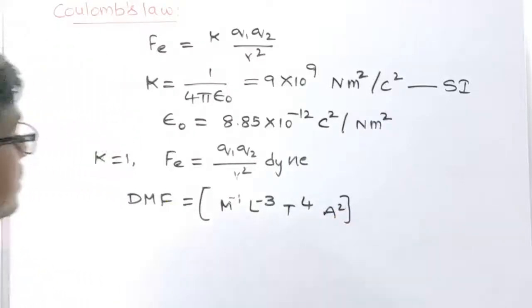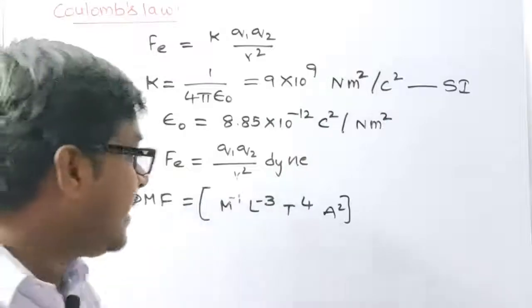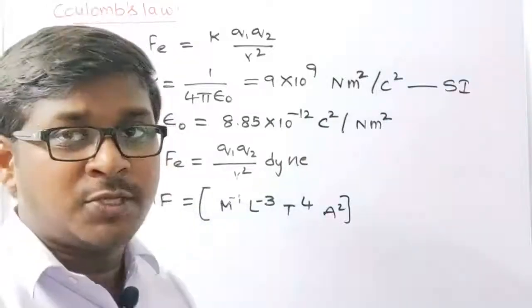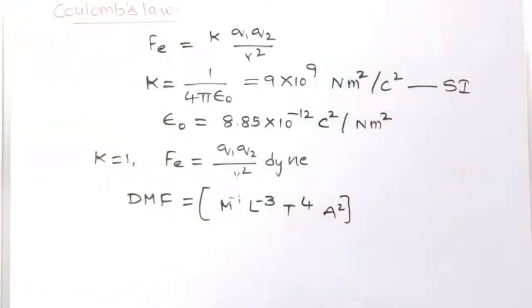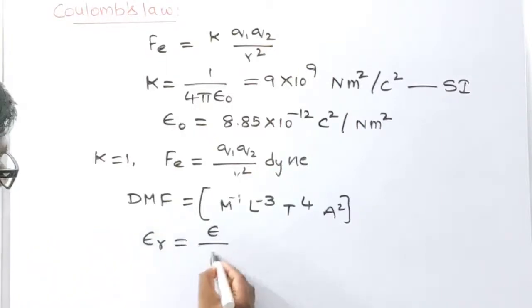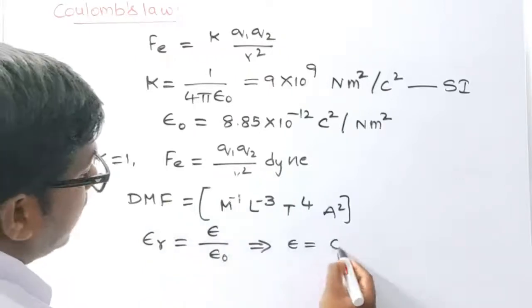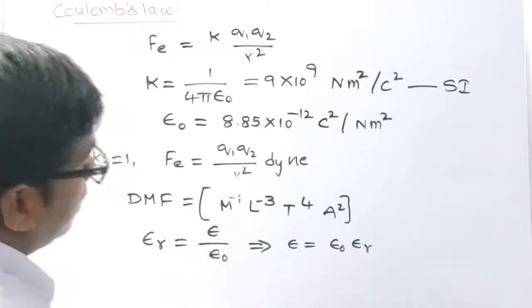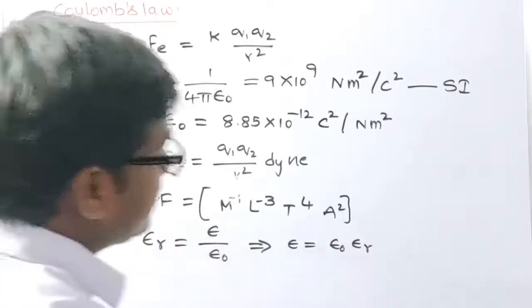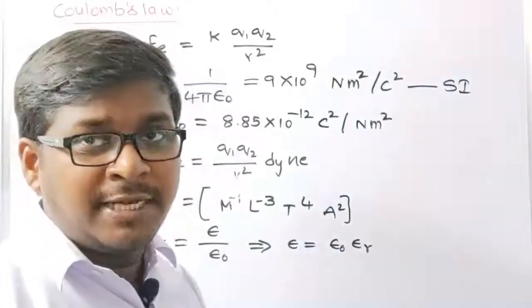The relative permittivity epsilon r is equal to epsilon by epsilon naught, so epsilon is equal to epsilon naught into epsilon r, the permittivity of free space into the relative permittivity.